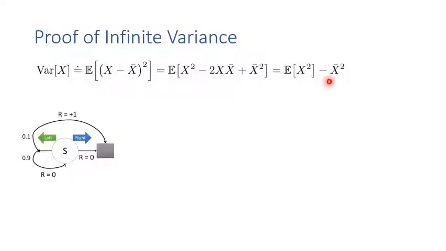So this becomes the expectation of x squared minus the mean squared. But the mean is a constant and it's a subtracted term, so we only need to show that the expectation of the square of the importance sampling ratio goes to infinity, and then we'll have infinite variance.